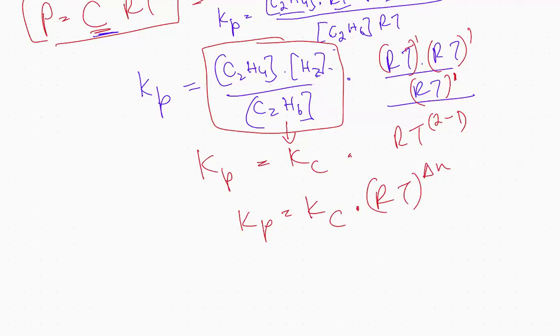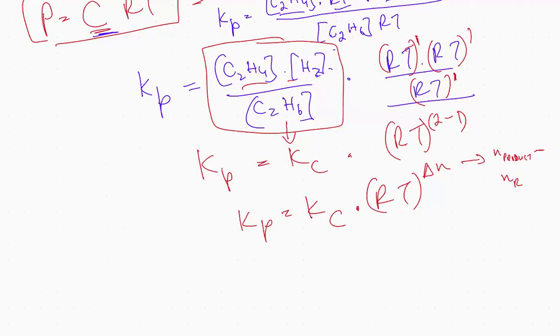Delta N is what? It means number of moles of products, 1 and 1 came from the products, minus number of moles of reactants. So that's how you get the relationship between Kc and Kp.